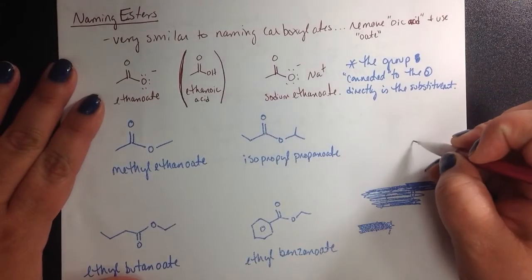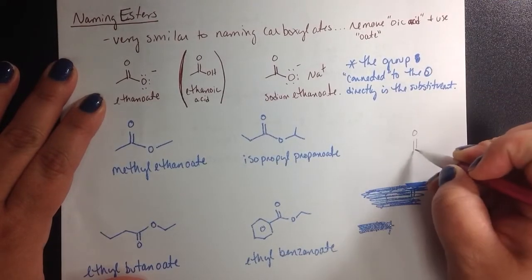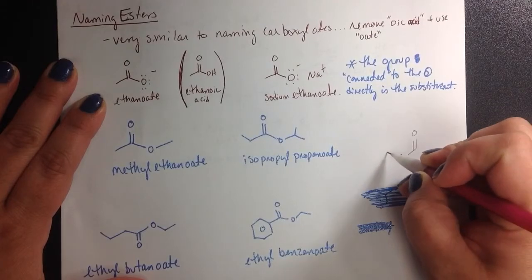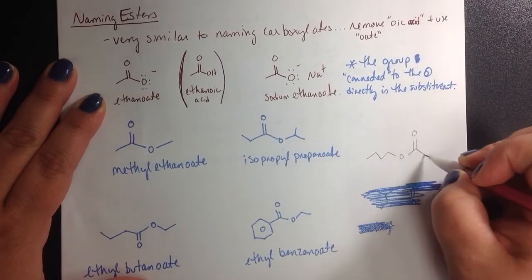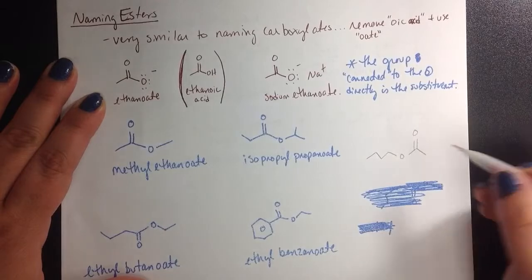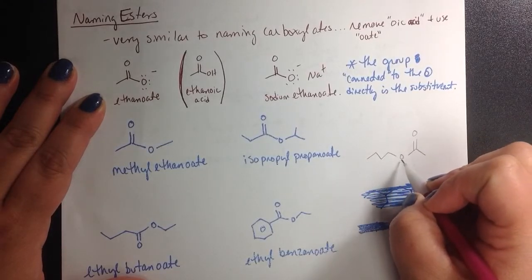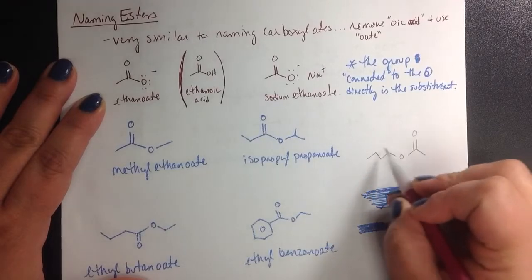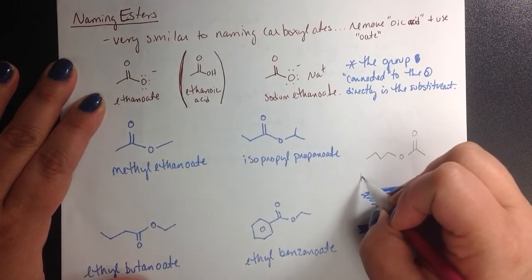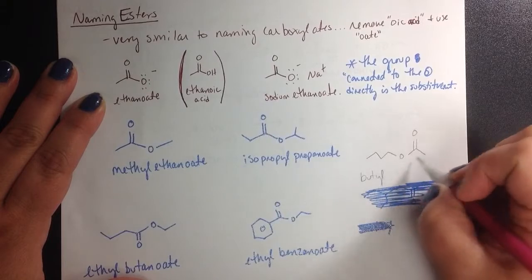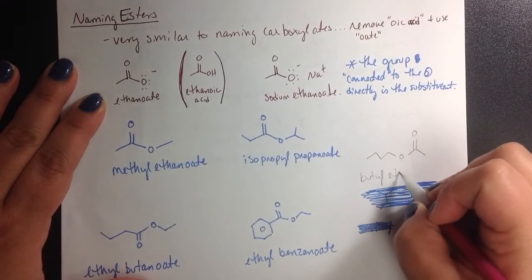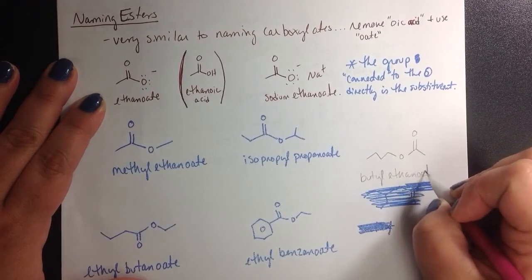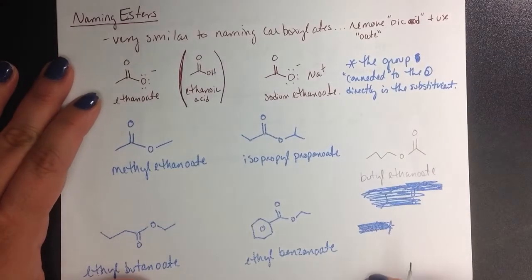So let's say that I had something even more complex. Let's see if we have 1, 2, 3, 4 over here, and that right there. This oxygen is connected to 1, 2, 3, 4 carbons. It's still the substituent. So in this case it would be butyl, and this is still ethanoate. So those still are different.